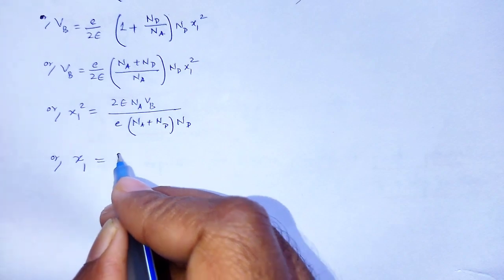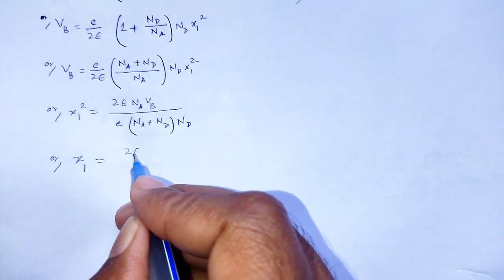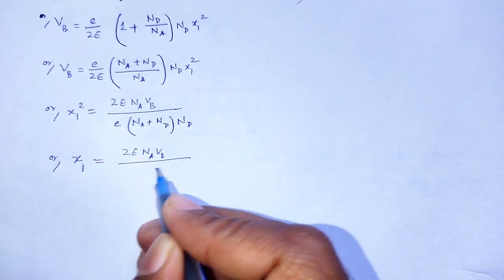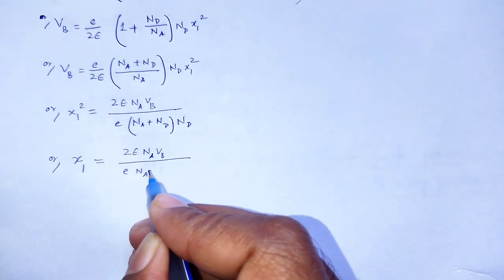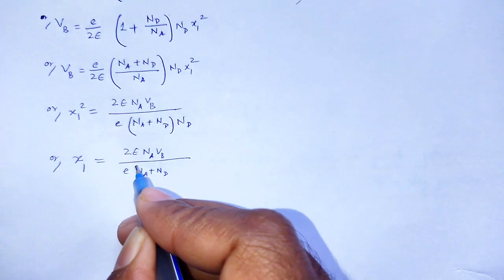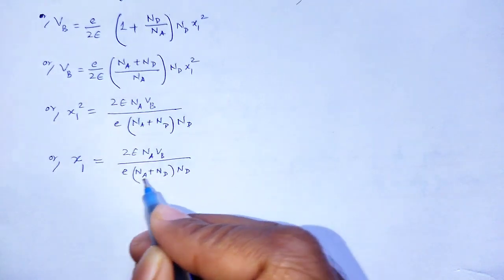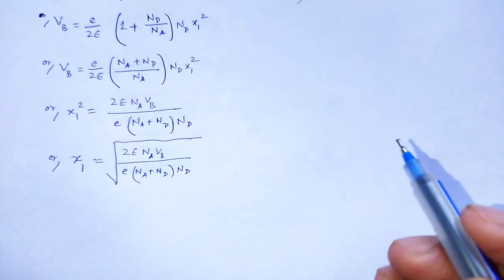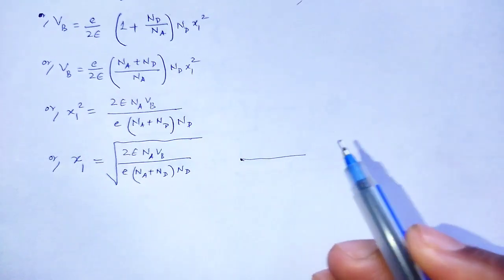So, x1 is equal to under root 2 epsilon Na Vb divided by E whole into Na plus Nd whole into Nd under root. Taking this as equation number 10.